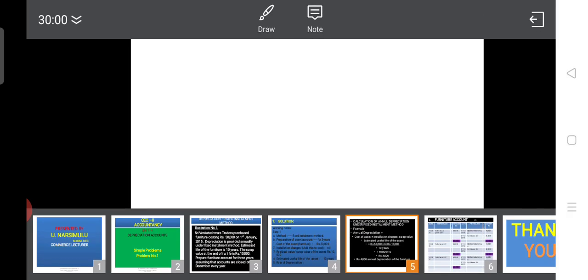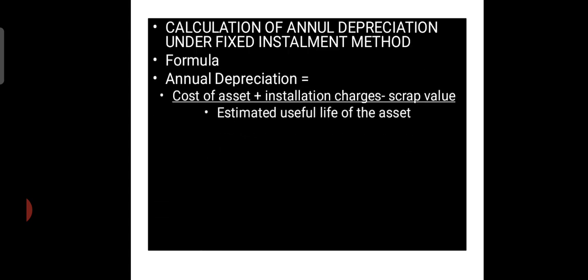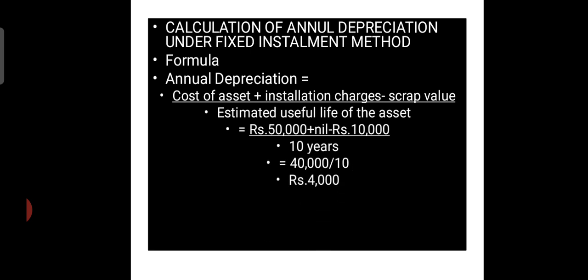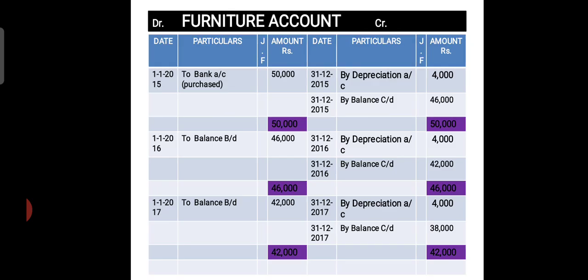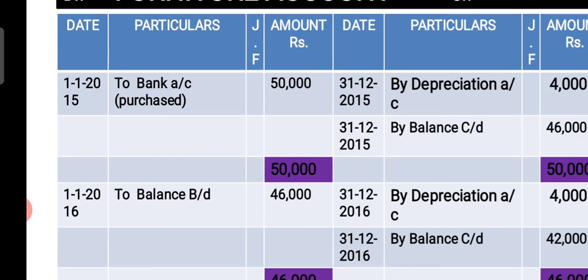So in the asset account debit side we have to write as to bank account. See here, on the debit side I have written to bank account, purchase 50,000.